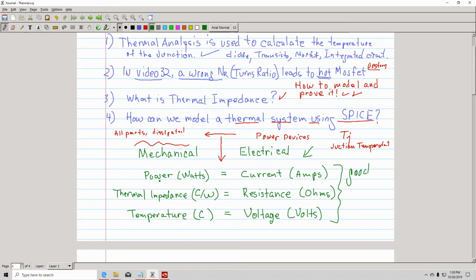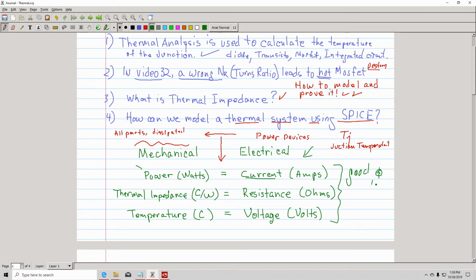When we're talking about power in the electrical domain, that translates to current. So we use a current source to show power dissipation.